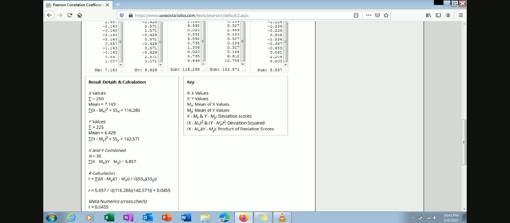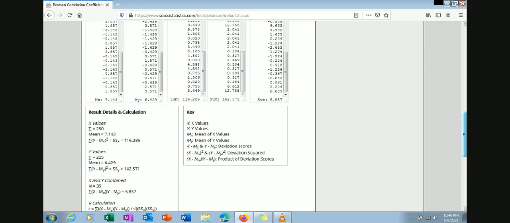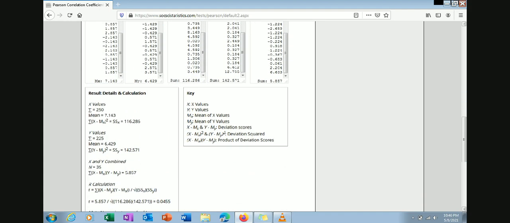Means of x values, mean of y values, then deviation score and deviation squared, and the product of deviation scores. So, kung mapapansin nyo po dito sa result details and calculation, x values sum to 50, mean 7.143, and the deviation squared sa x values is 116.286.